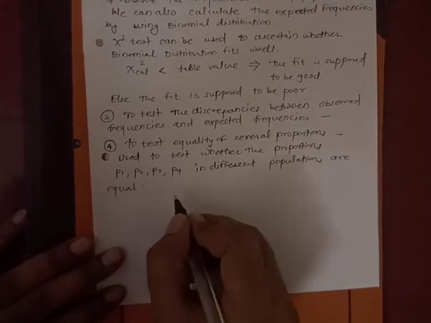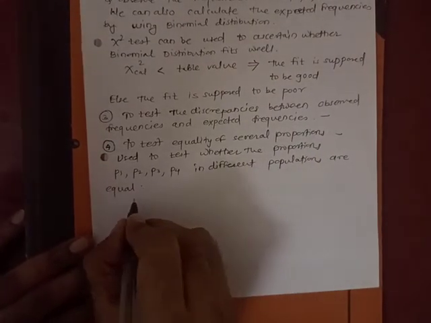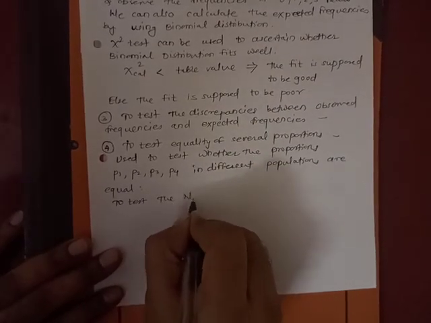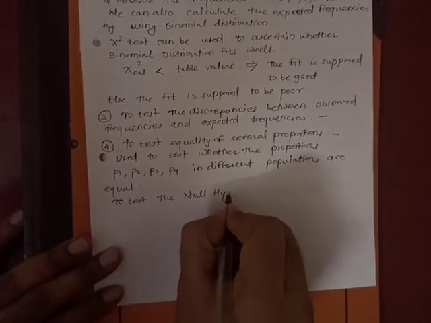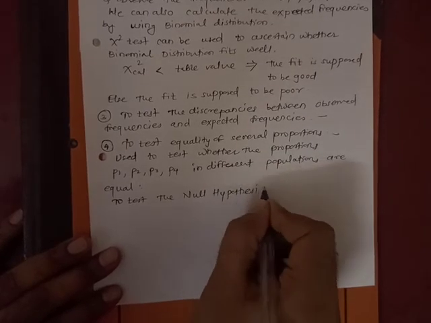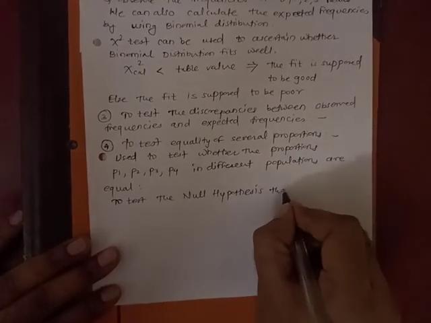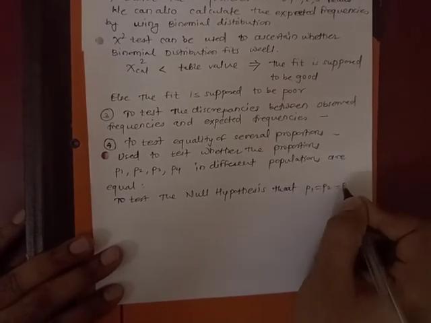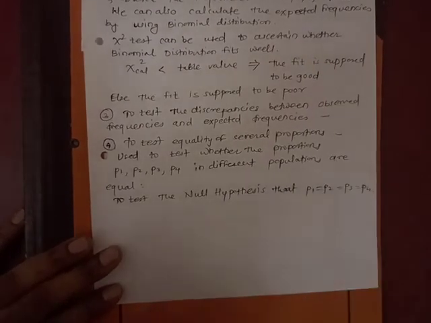That is, chi-square test can also be used to test the null hypothesis. In this case the null hypothesis will be defined this way: null hypothesis that P1 is equal to P2 is equal to P3 is equal to P4, right?